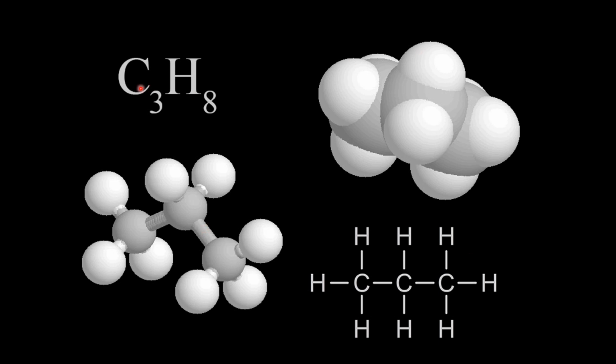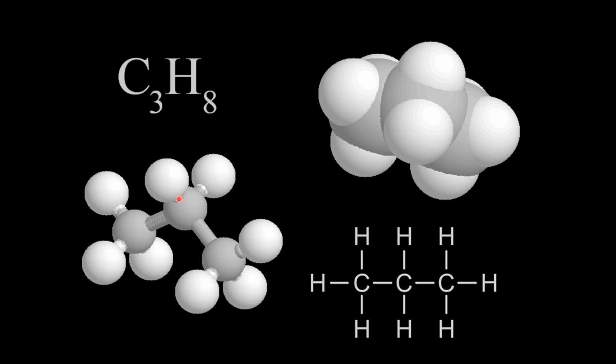Let's have a look at another type of covalently bonded compound, that is propane, C3H8. This is a long chain hydrocarbon, that is, it contains carbon and hydrogen. All hydrocarbons contain carbon atoms and hydrogen atoms. Here this is the structure of propane.